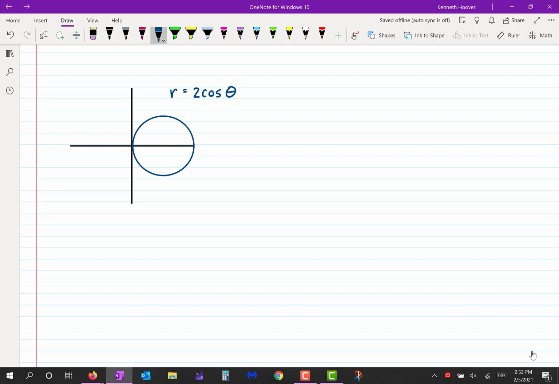Okay, and finally the last thing I want to show you is arc length. For arc length, we integrate the square root of r prime squared plus r squared.